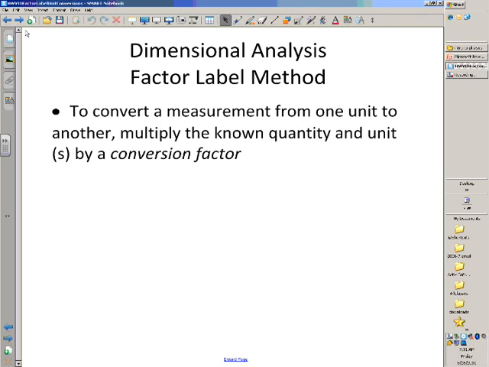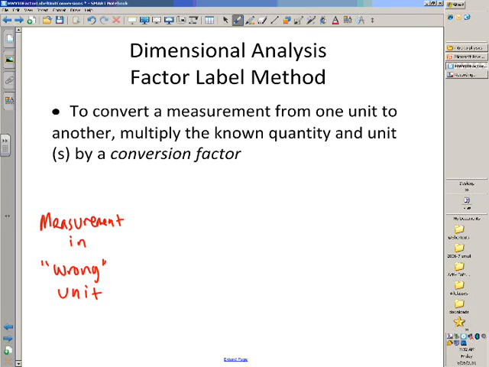So, to convert a measurement from one unit to another, we multiply the known quantity and unit by a conversion factor. So, real basic form. We start off with a measurement in the quote-unquote wrong units. Not that it's wrong, it's just not what we want, right? So I use wrong in quotation marks.